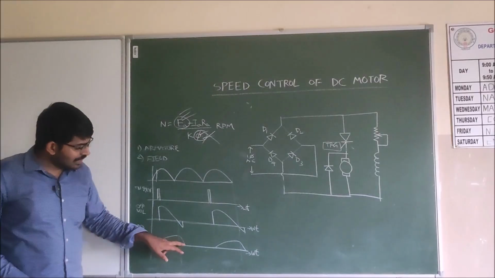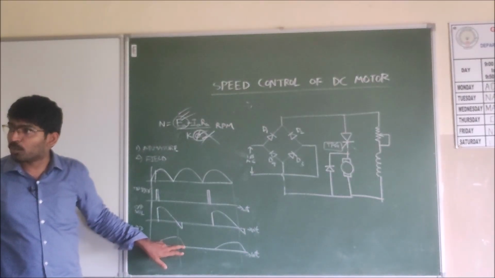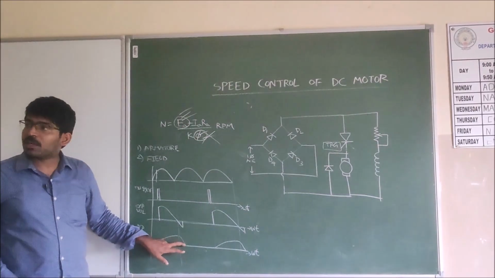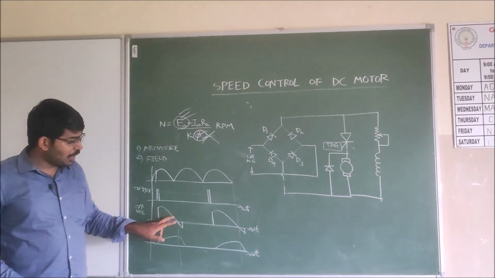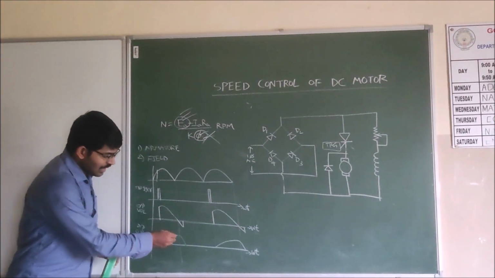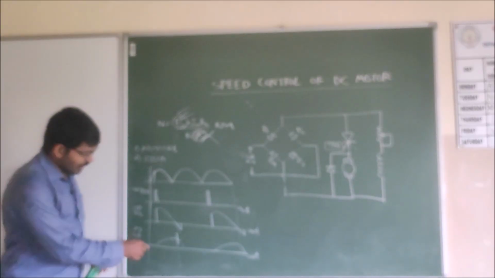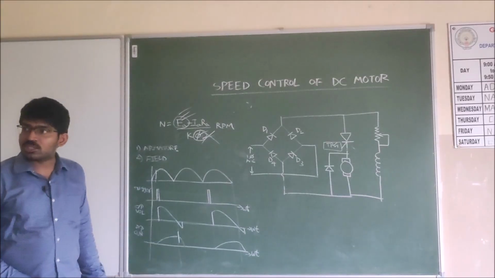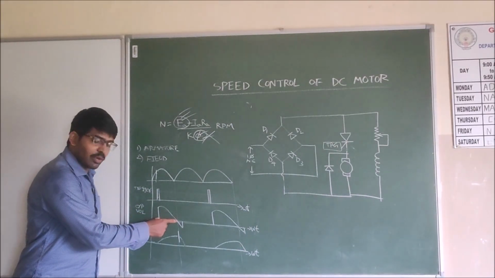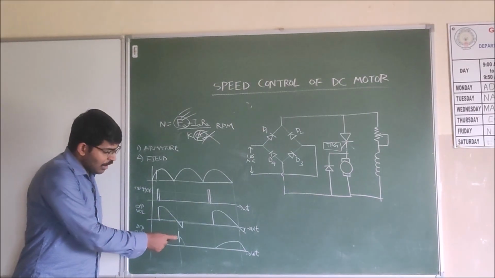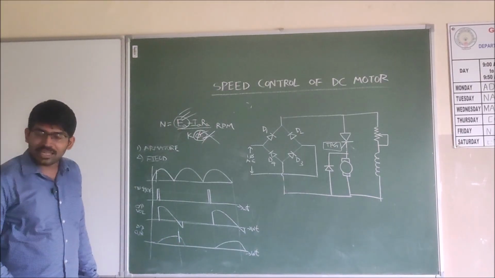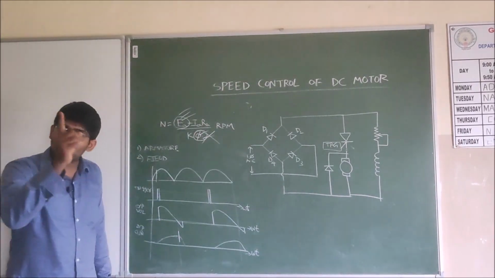That's why, until the current becomes zero, you will observe the voltage. But there is a difference between the current here and the current here. When the current is flowing from this to this, you see the pulse, the voltage is positive. When the current is decrementing, suddenly you observe a negative voltage.